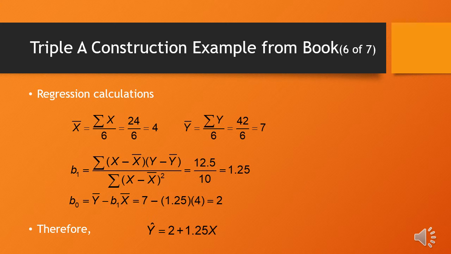And then our b0 would be y bar minus b1 multiplied by x bar, which equals 7 minus 1.25 multiplied by 4, which equals 2. And therefore we have y hat equals 2 plus 1.25 multiplied by x.